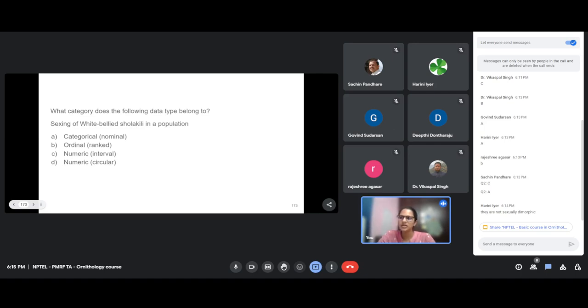So instead of that, you molecularly sex them, and what you do is you take a drop of blood and you do a lot of downstream lab processes, and you use specific primers that will amplify certain regions of the genome.